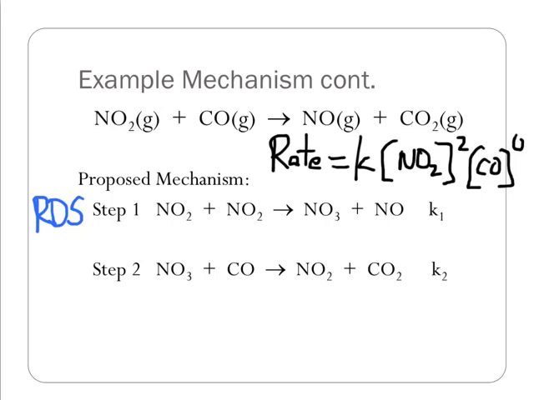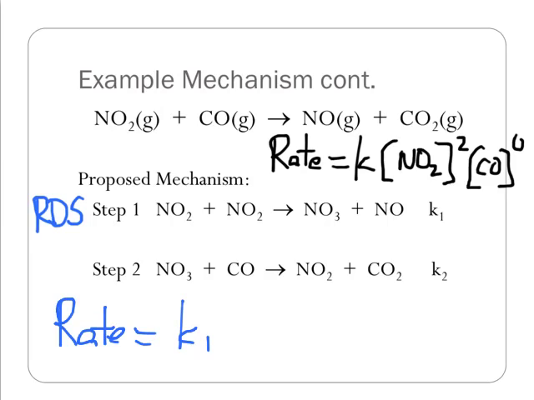So then what we're going to do is write down the rate law of the proposed mechanism based on the molecularity of the rate determining step. My goodness, that sounded like a mouthful. Here's what I mean. So the rate for this mechanism, rate will be equal to, which is the slow step? The first one is. So we'll use the rate constant from the first step.